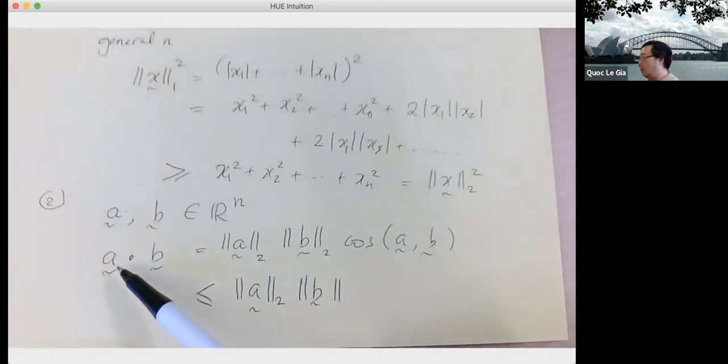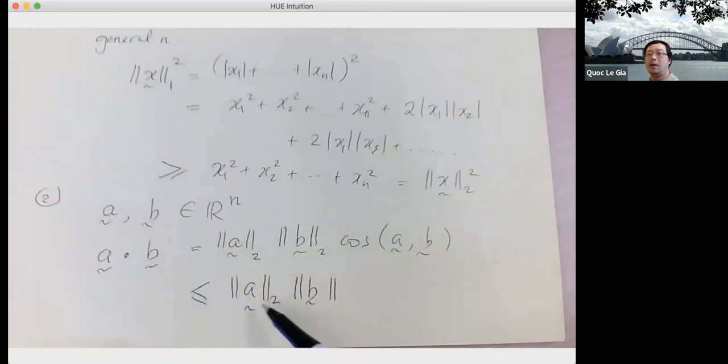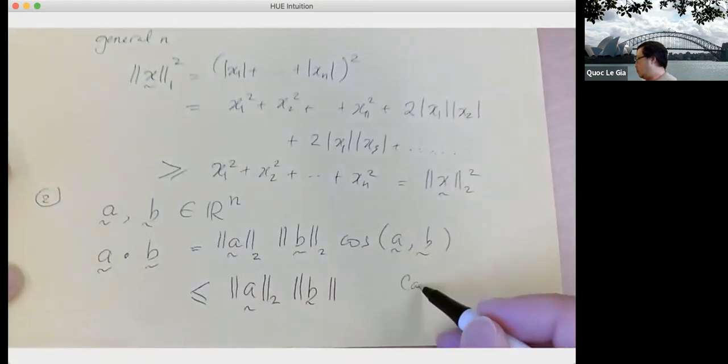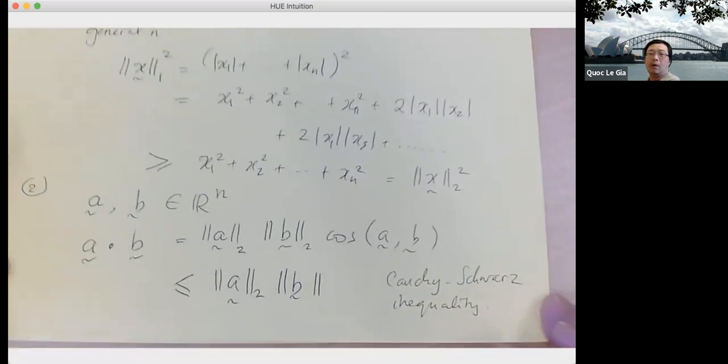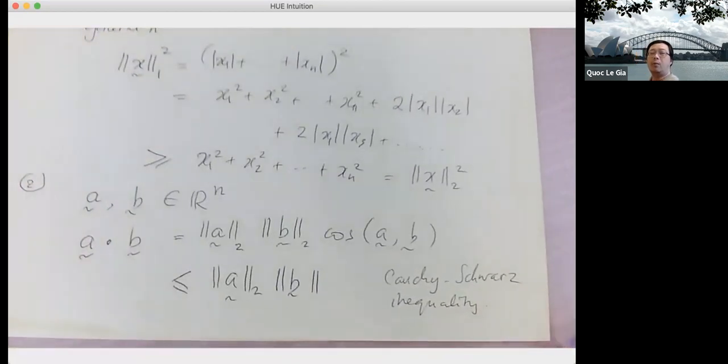So the dot product of 2 vectors is less than or equal to the product of the lengths of the 2 vectors. I think there's a name for this inequality, called the Cauchy-Schwarz inequality, or some Russians say the Cauchy-Schwarz-Bunyakovsky inequality.